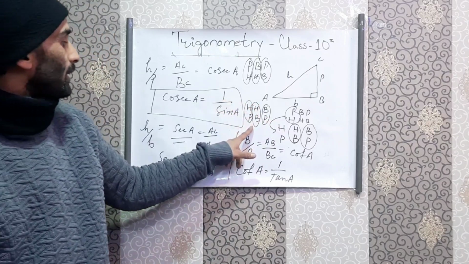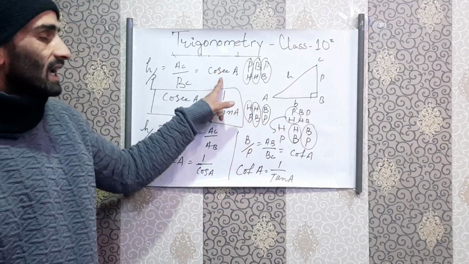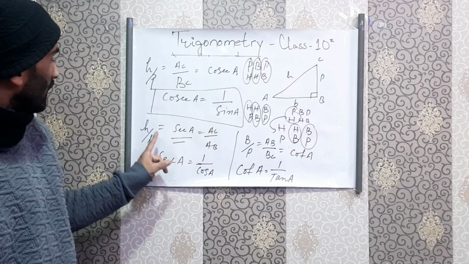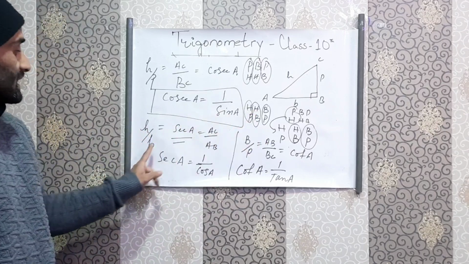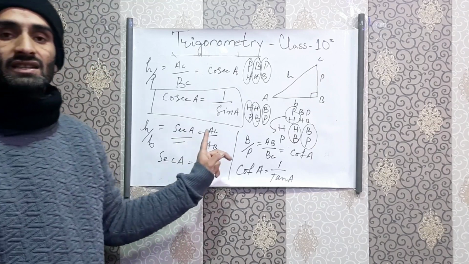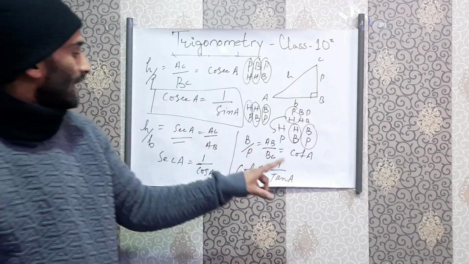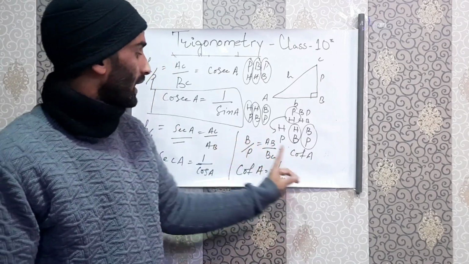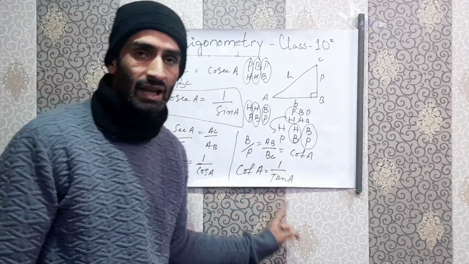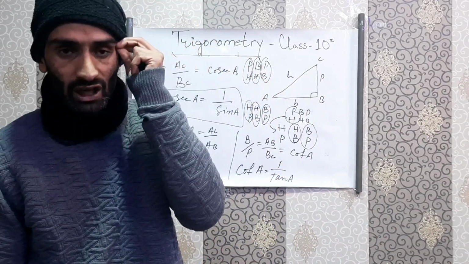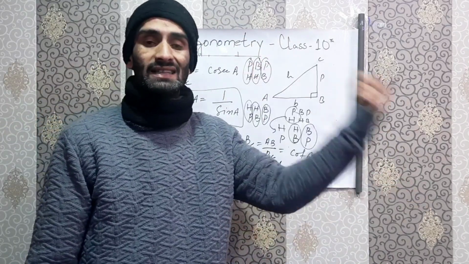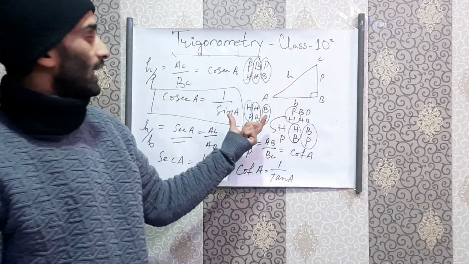Hypotenuse by perpendicular is known as cosec A, and cosec A is equal to 1 by sine A. Hypotenuse by base is sec A, the inverse of cos A, so sec A is equal to 1 by cos A. Base by perpendicular is cot A, and cot A is equal to 1 by tan A. These 6 ratios we have to keep in mind, then we can do the rest of the examples as well as questions of trigonometry.